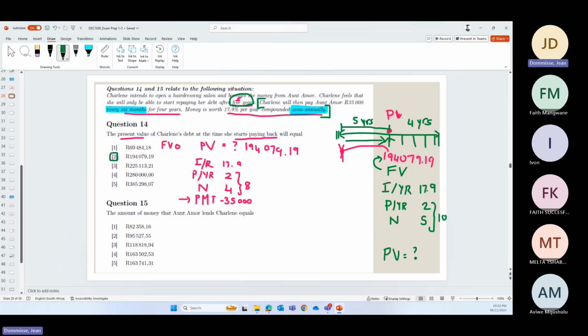N changes from 4 to 5 years, and then because of that change, the number of periods, instead of the 8 that we had in the previous question, now we have 10, and then we can work out our present value, that is 82,358.16.